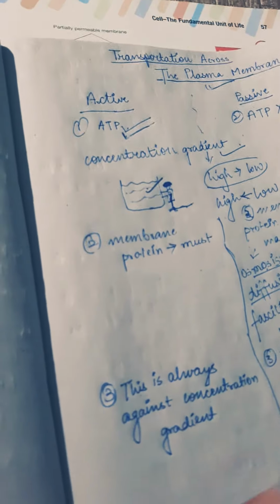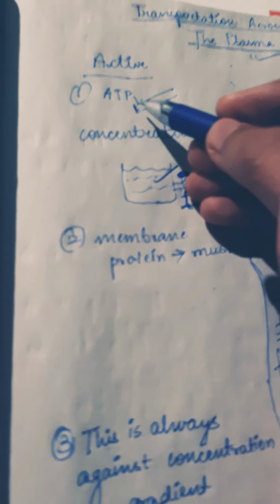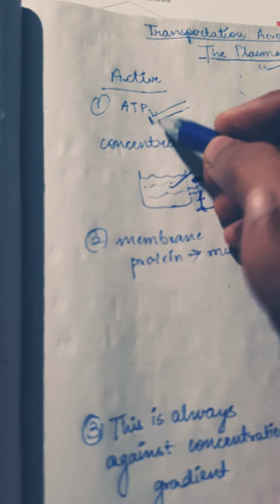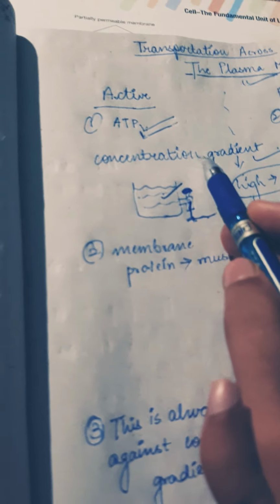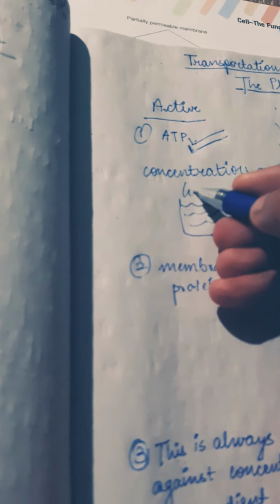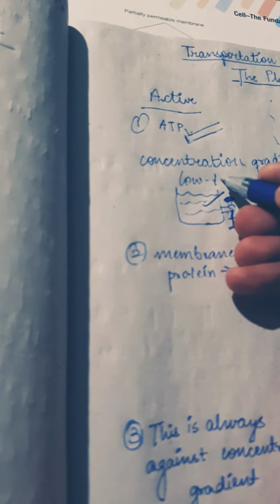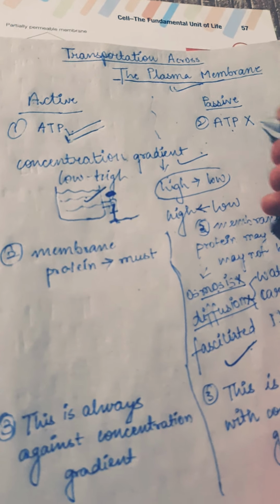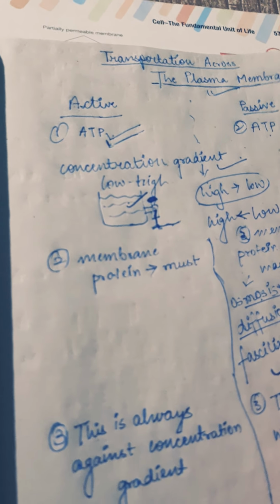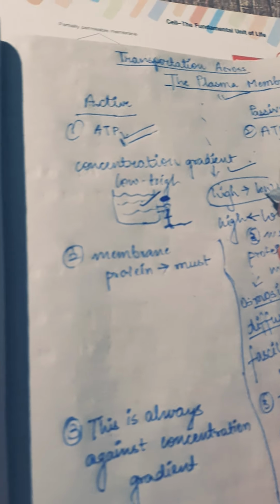Let's recap this. In active transport, we do need ATP molecules because it is against the concentration gradient, that is low to high. In passive transport, they don't need ATP because they are with the concentration gradient, from high to low.